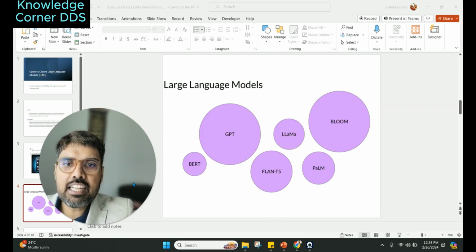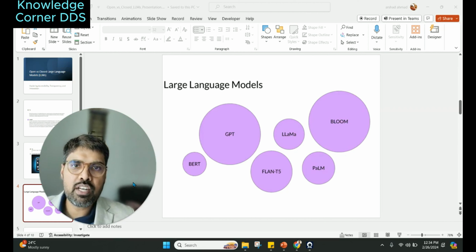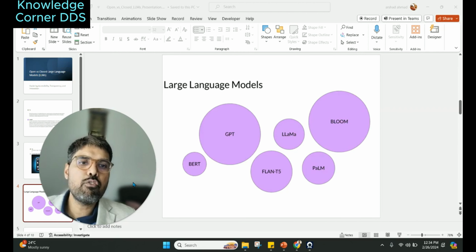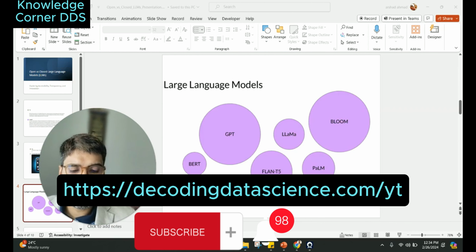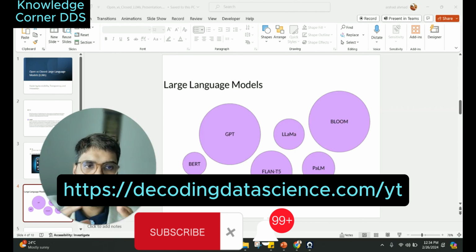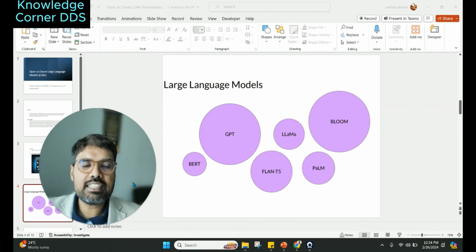As we speak, the models are getting more and more improved. Right now we have GPT-4.5, wherein you have more parameters, bigger training data sets, and more accuracy.